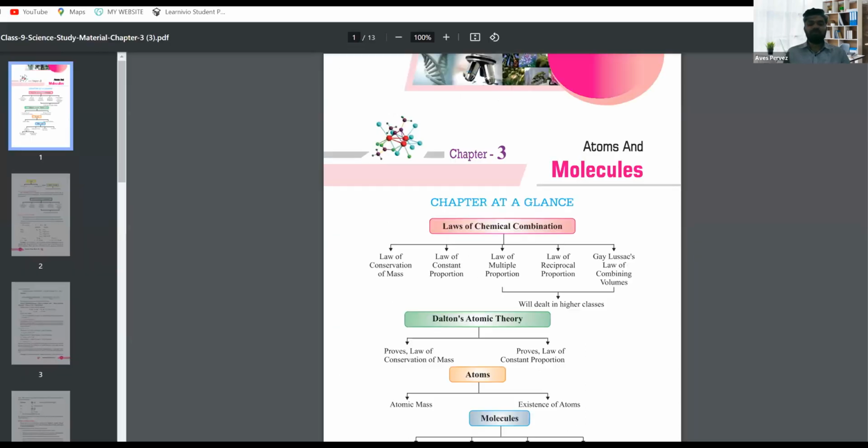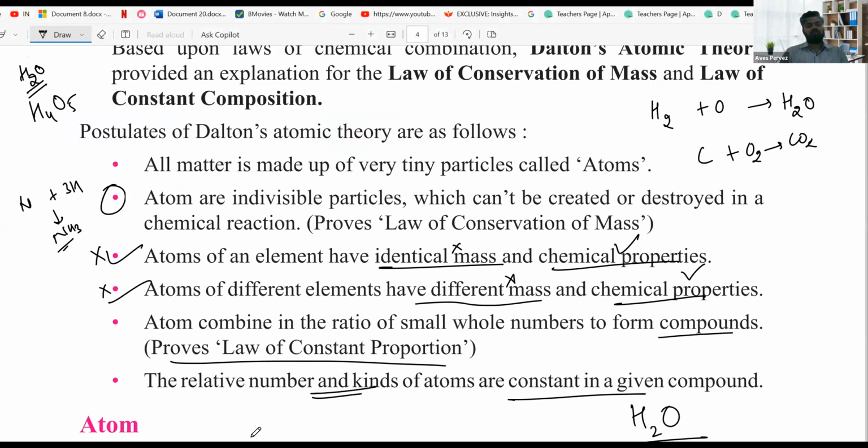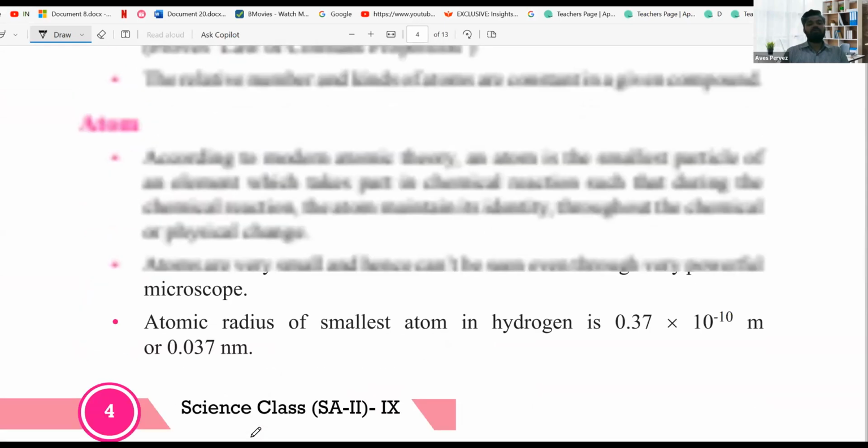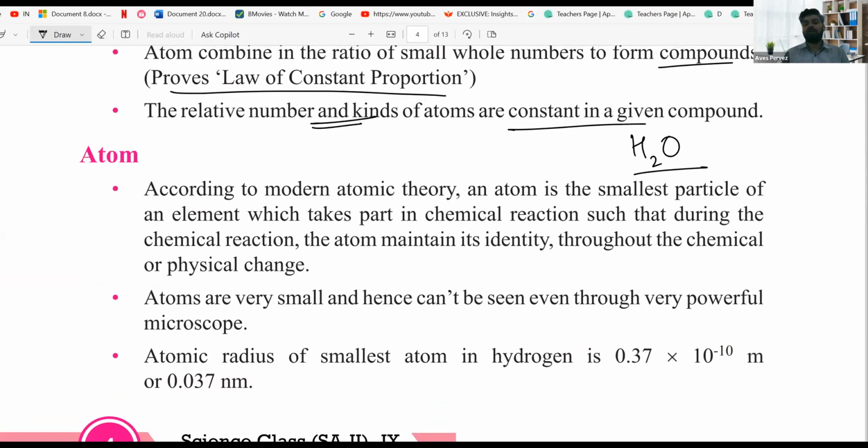So let's move further. Now we have talked about the atoms. According to modern atomic theory, an atom is the smallest particle of an element which takes part in the chemical reaction. We will not write that it is the smallest particle of matter. Atoms are the smallest particle, but electrons and protons are further smaller, subatomic particles of the atom.